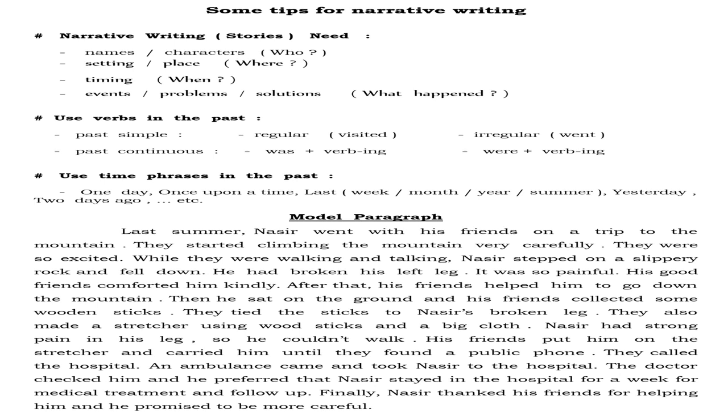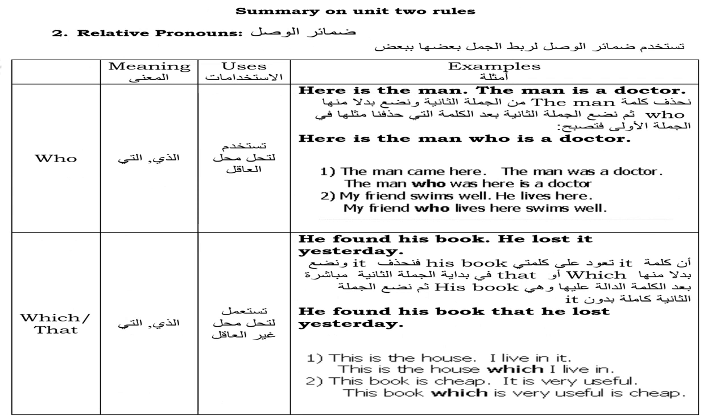One day, once upon a time, last week, last month, last year, last summer, yesterday, 2 days ago, etc. After that, he gives you a model paragraph. Read it carefully and try to imitate it in your writing.